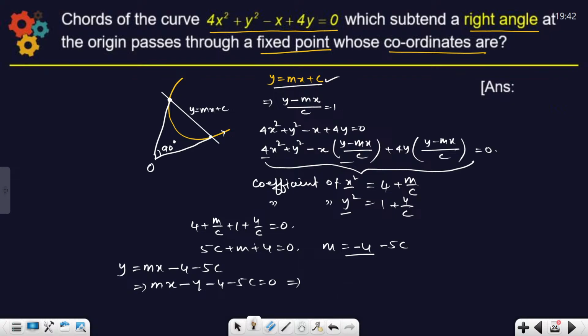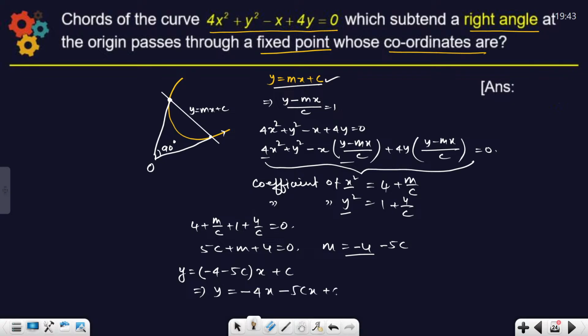I'm sorry, I've written this absolutely wrong because I have to replace m, not c. I'm replacing m. So please replace this m. So you are getting y equals minus 4 minus 5c, x plus c. So it's y equals minus 4x minus 5cx plus c.